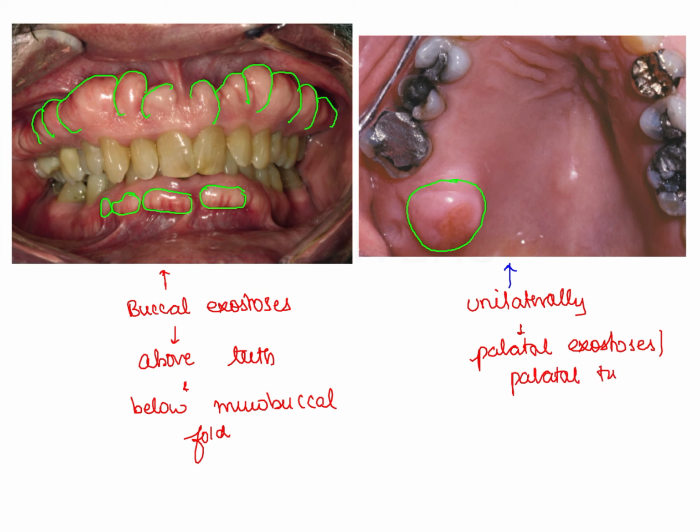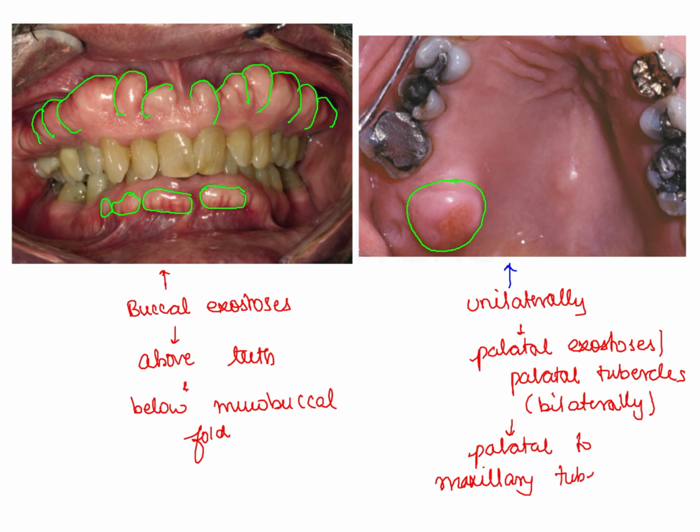Palatal exostoses or palatal tubercles are usually present bilaterally, but can also occur unilaterally as shown in the picture. The location is typically the palatal aspect of the maxillary tuberosity, distal to the molars. So it is situated on the lingual or palatal aspect of the maxillary tuberosities.